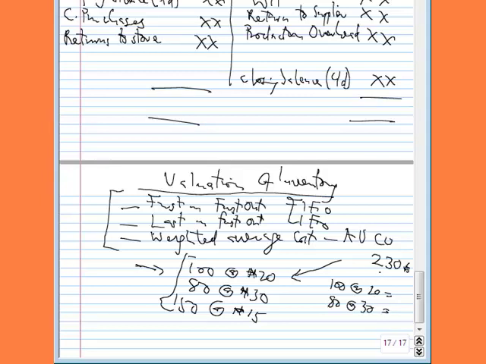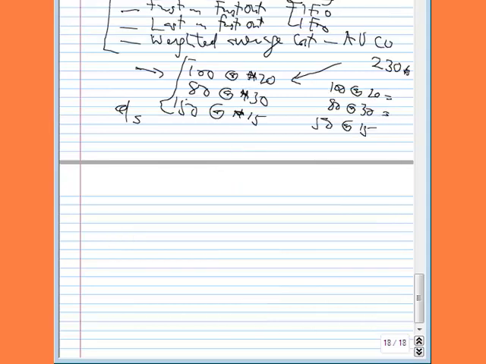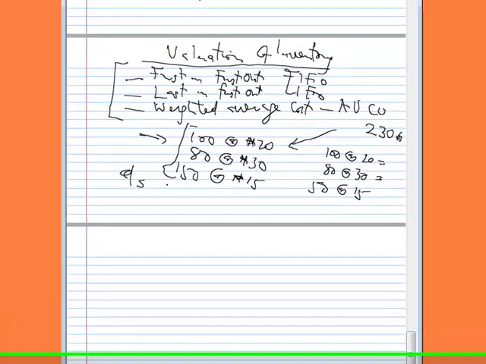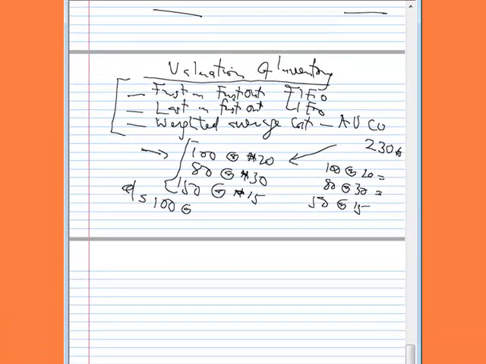Then we need 50 more, so we take 50 here, 50 at 15. So our closing stock, that is the value of inventory remaining at the end, is 100 units at 15 naira. So our closing stock is valued at 1,500 naira. That's first in, first out.